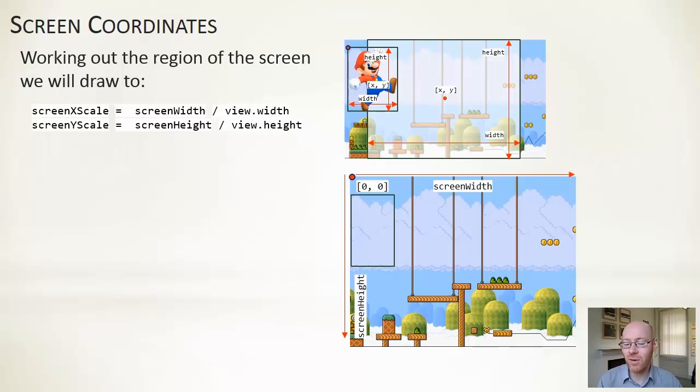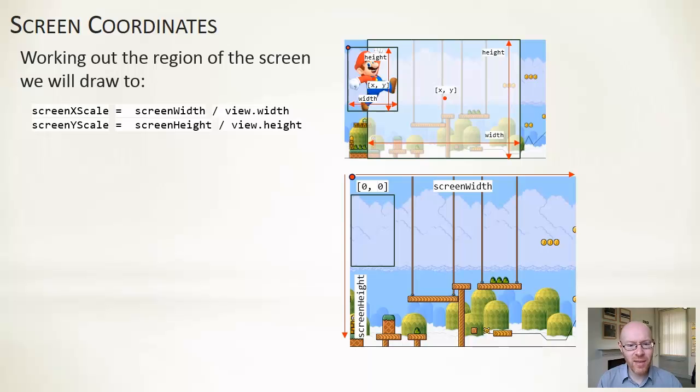How big is the screen viewport in terms of the number of pixels that we're drawing to on the screen? There may be a different scaling factor. So there we're going to work out, to scale from the layer, the game world, onto the screen, what is the scaling factor along the X and along the Y? So similar to the bitmap, but simply scaling between the world viewport and our screen.